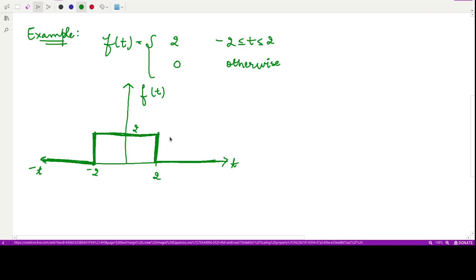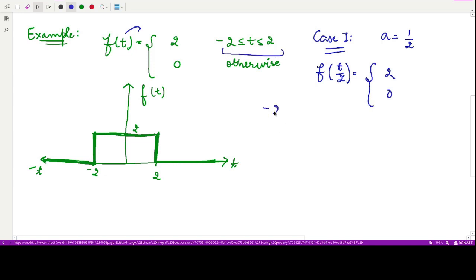Now in the first case, case 1, I am multiplying this variable t with a, which is 1 by 2, right? So I have to define another function f of t by 2. What would this be? It would be the same function, but now the interval changes.